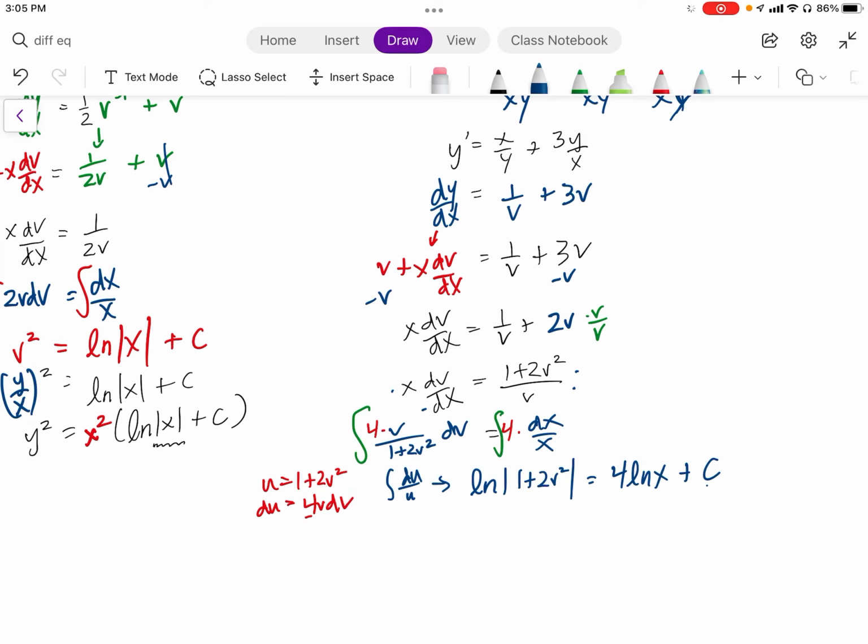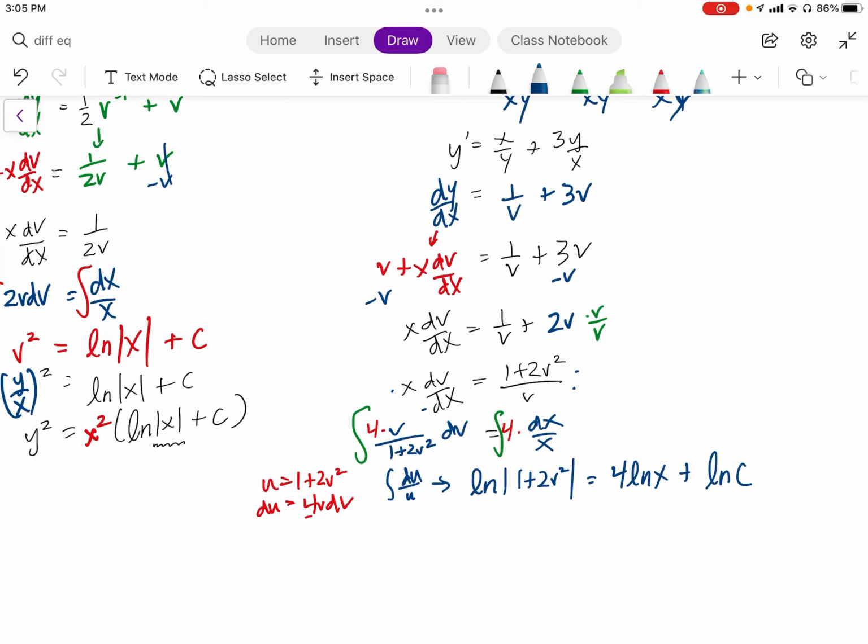But if I said ln c, it's still some constant c, right? Natural log c is going to give me some constant. I don't know. Don't care what that constant is. Well, why would you do that?